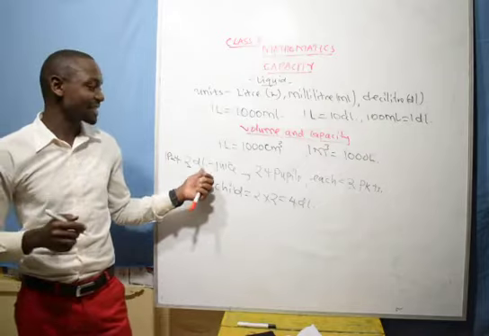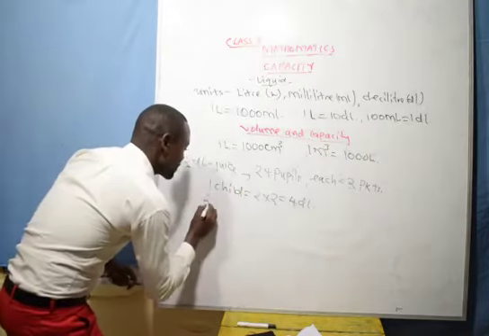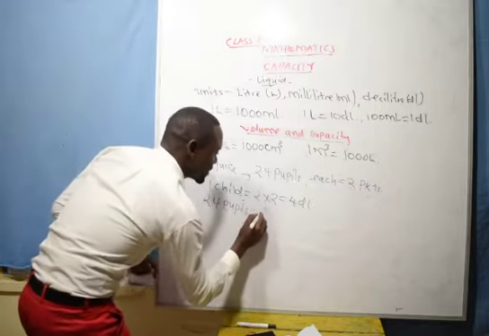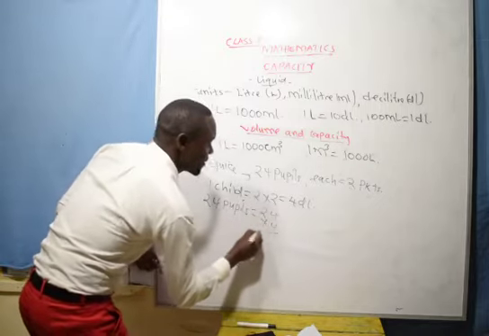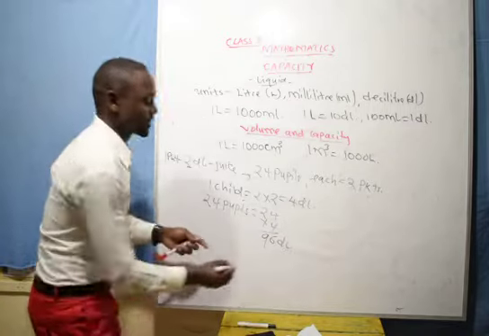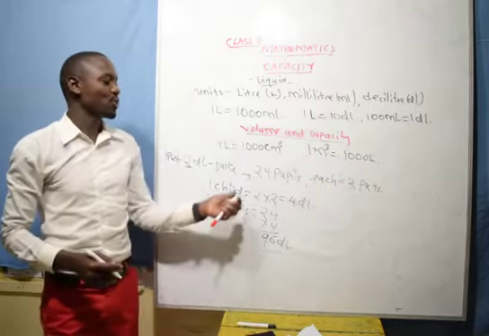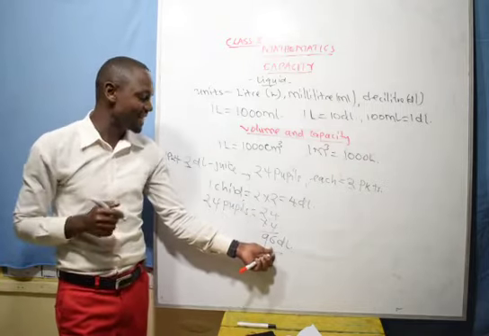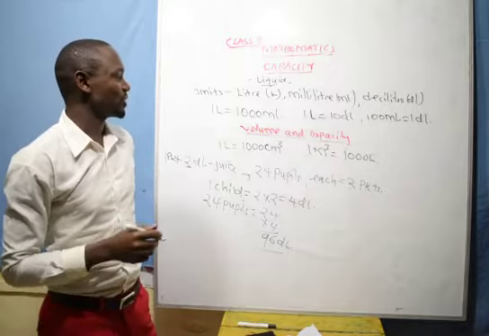And remember, the class has 24 pupils. So 24 pupils will take 24 times 4 deciliters. This is 96 deciliters. The question is asking, how many liters did the pupils consume?